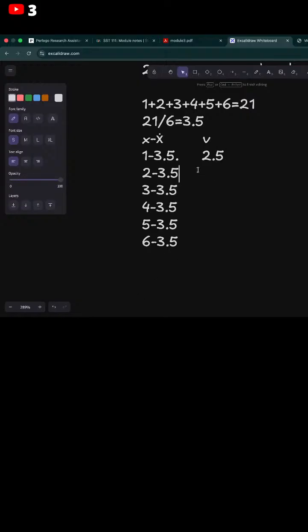This gives you negative 1.5, but when we are doing absolute values, you ignore the negative sign.